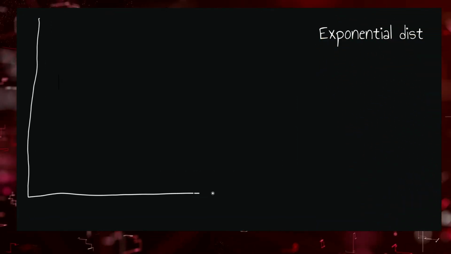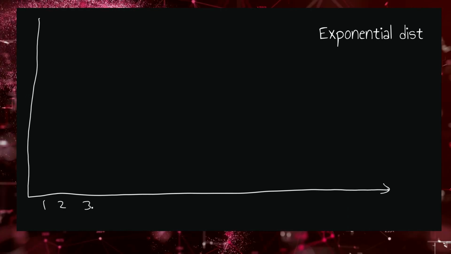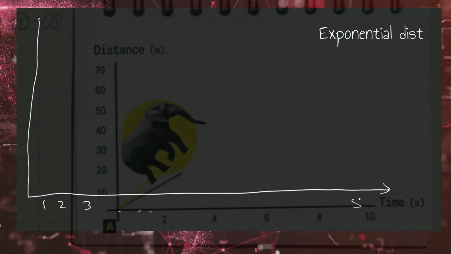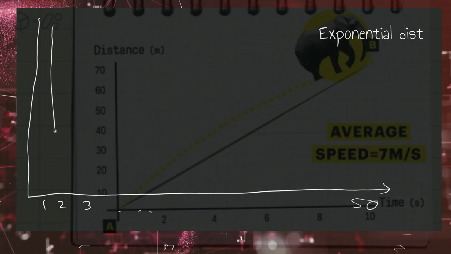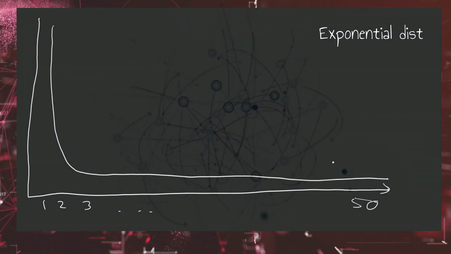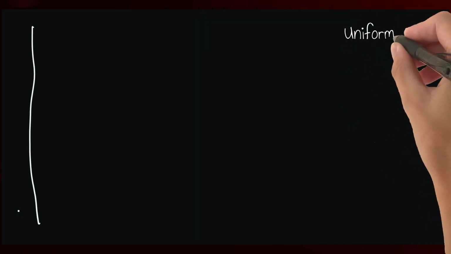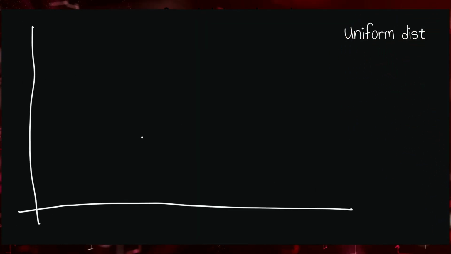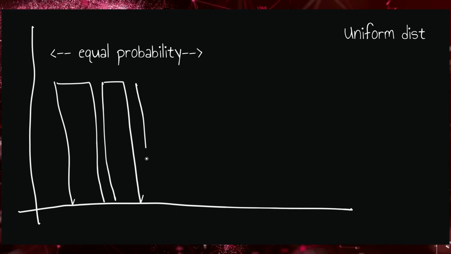Exponential distribution. This distribution is used to model the probability of the time between events occurring in a continuous process, such as the time between customers arriving at a store, or exploring the growth of COVID-19 cases. Uniform distribution. This distribution represents an equal probability of all outcomes within a given range.